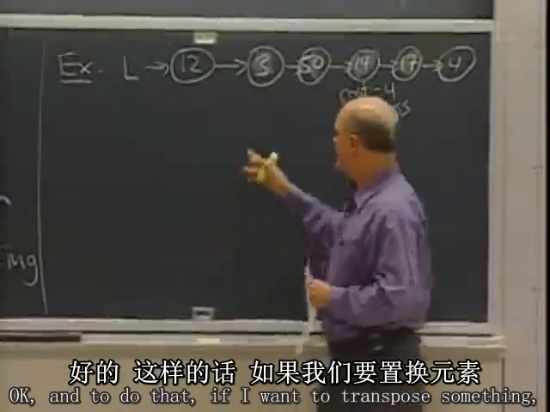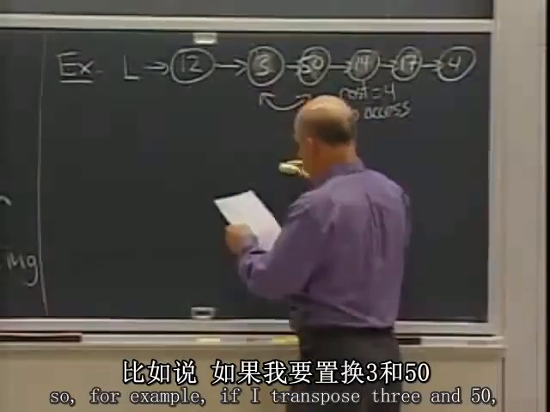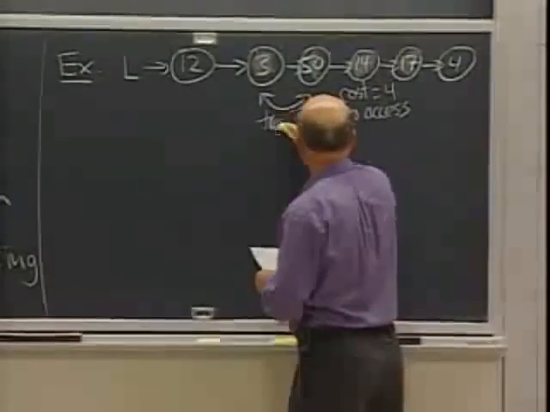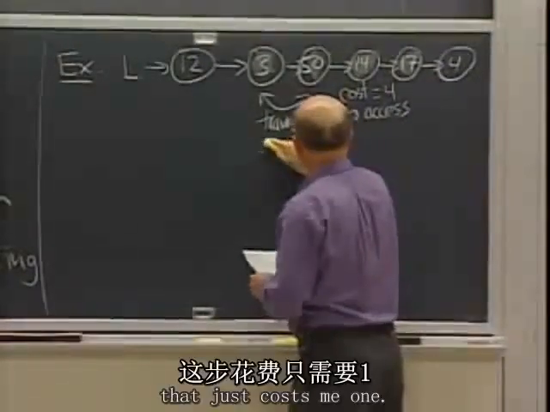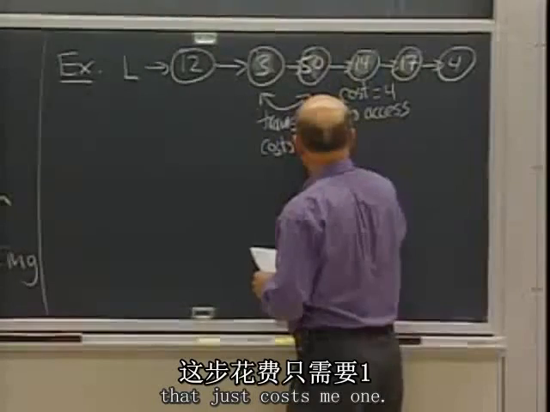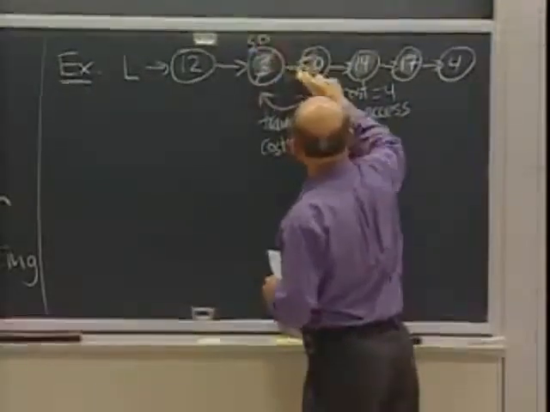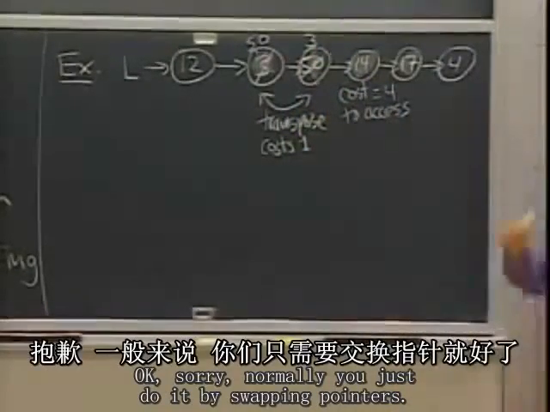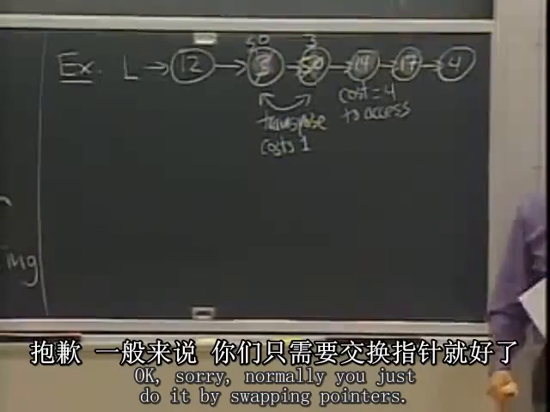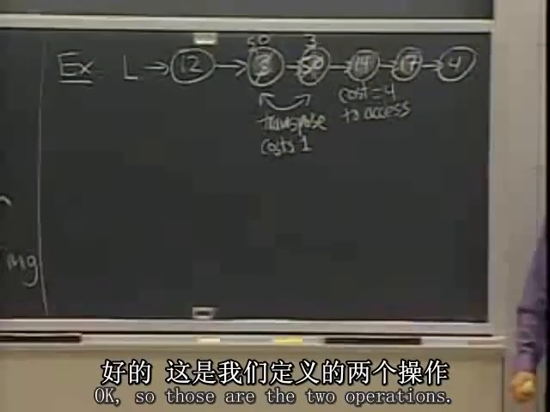And to do that, if I want to transpose something, so for example, if I transpose 3 and 50, that just costs me 1. Okay? So then I would make this be 50 and make this be 3. Sorry, normally you just do it by swapping pointers. Okay? So those are the two operations.